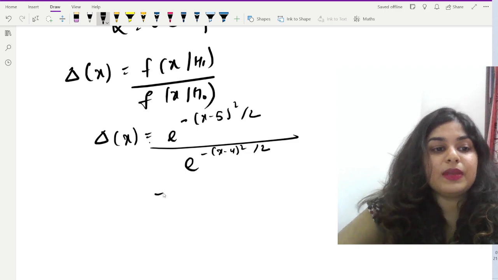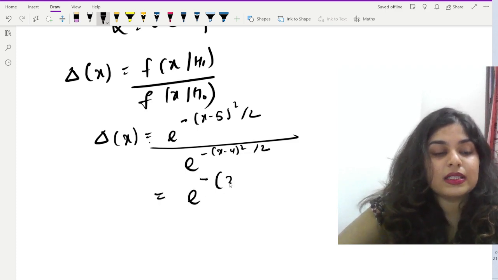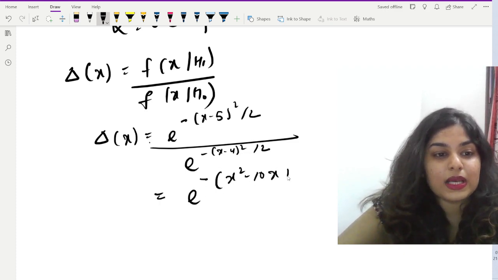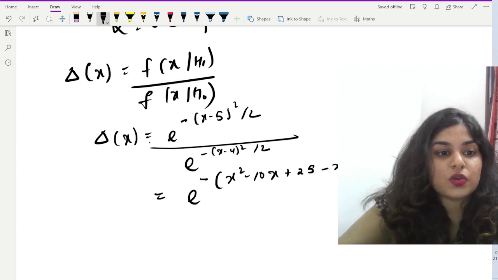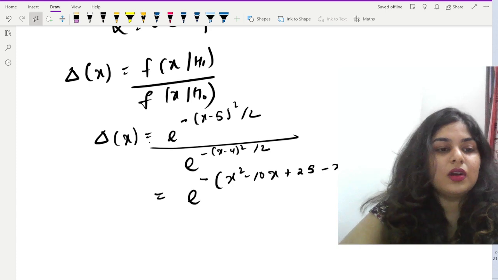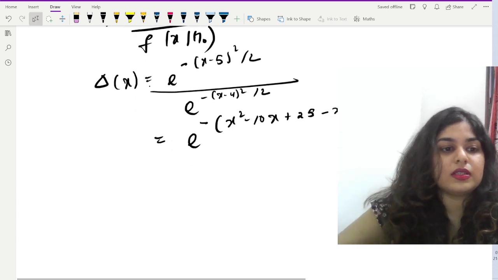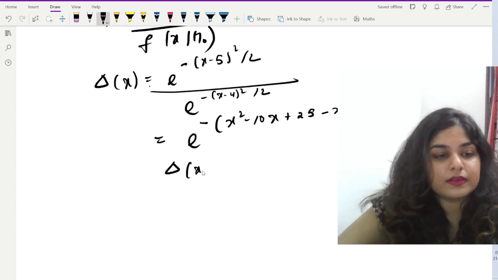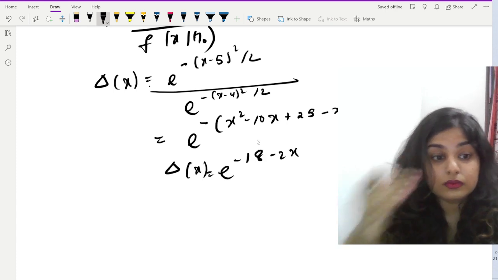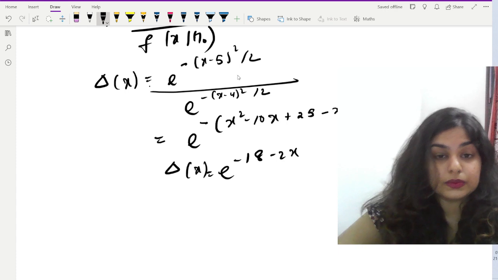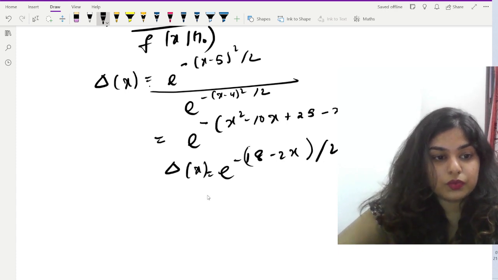Now if we simplify this, we get e to the power minus of (x square minus 10x plus 25 minus x square plus 8x minus 16) by 2. On further simplification, the result is e to the power minus (18 minus 2x) by 2, which is e to the power 9 minus x.